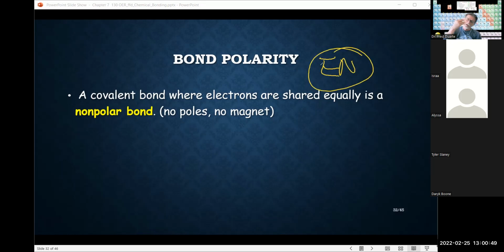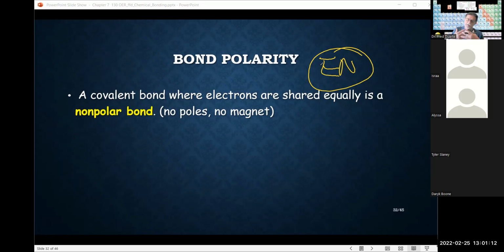Electronegativity was the affinity of a bonded atom to attract the electrons onto itself. And that has an effect on a chemical bond.